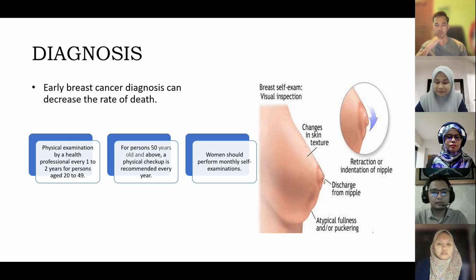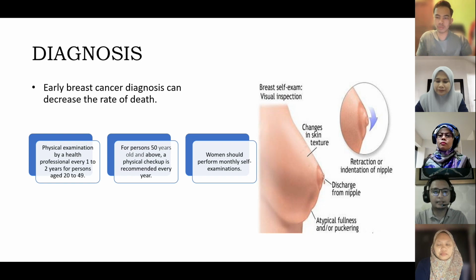So I will talk about diagnosis. Diagnosis can be categorized into early diagnosis and diagnosis itself. Early breast cancer diagnosis can decrease the rate of death. Women should perform monthly self-examination to screen their own breasts.